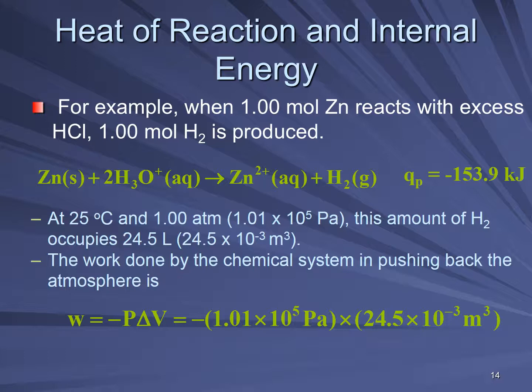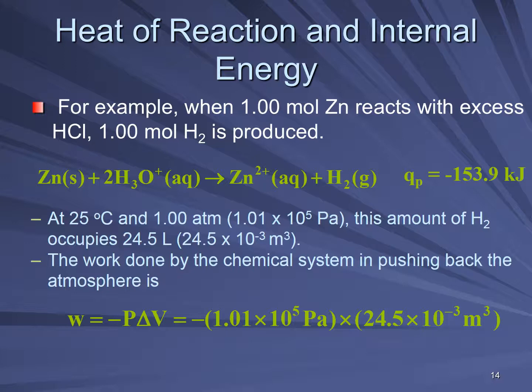Now they've converted atmospheres to pascals, and I'll tell you why in just a second. And then they've converted liters to meters cubed. So if you plug those numbers in for pressure and volume, pressure is 1.01 times 10 to the fifth pascals, and then you multiply by the volume, 24.5 times 10 to the minus 3 meters cubed.